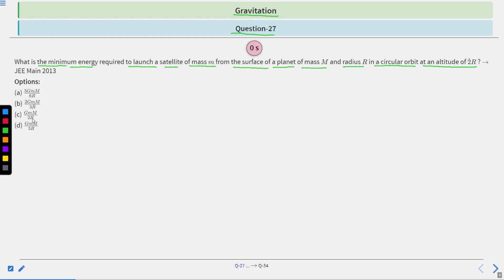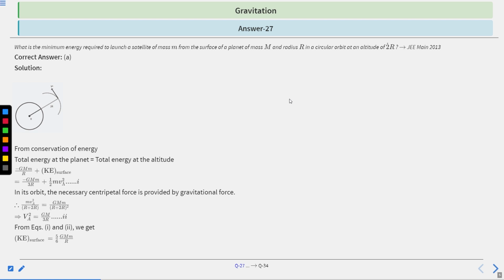Let's find the solution. The question asks about the minimum energy required to launch a satellite of mass m, from a planet of mass M and radius R, into a circular orbit.